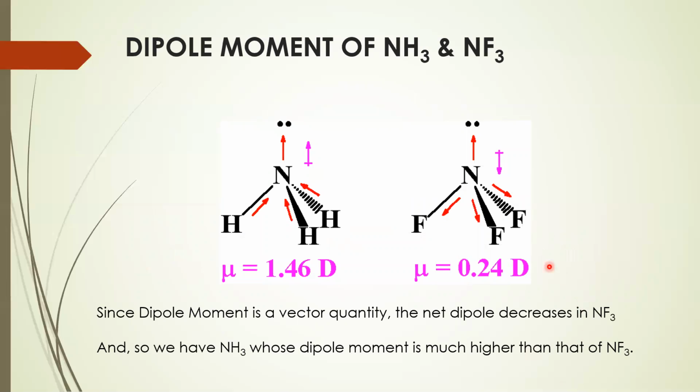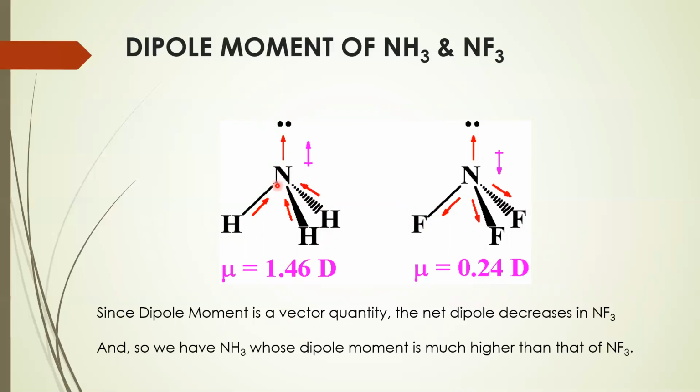Now, the important one, the dipole moment of ammonia and NF3, nitrogen trifluoride. Nitrogen is the central atom. The hydrogen attached to it is electropositive in nature, whereas fluorine is electronegative in nature.